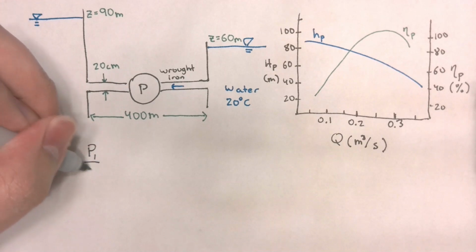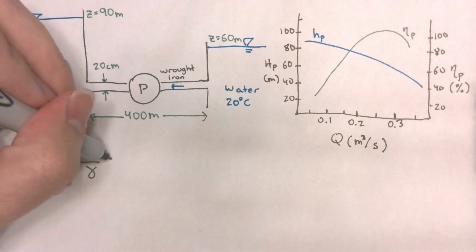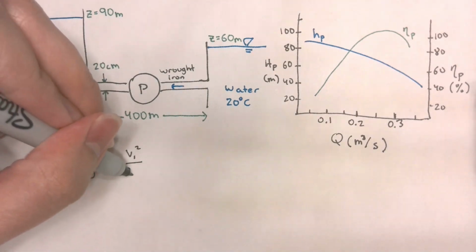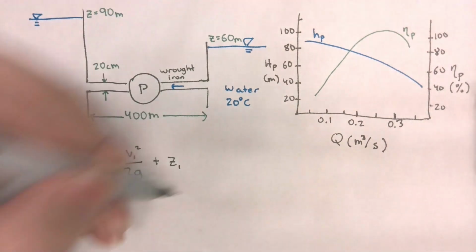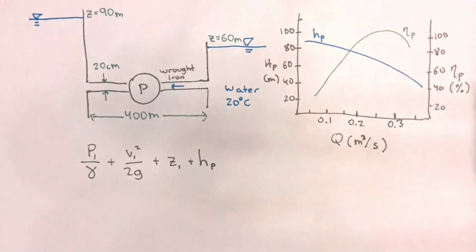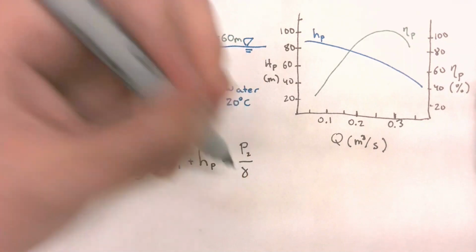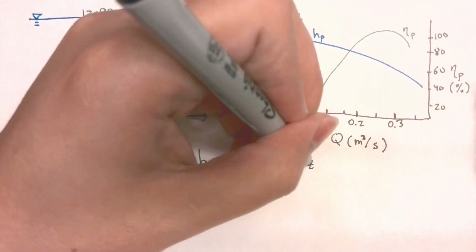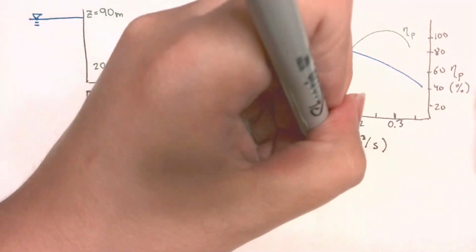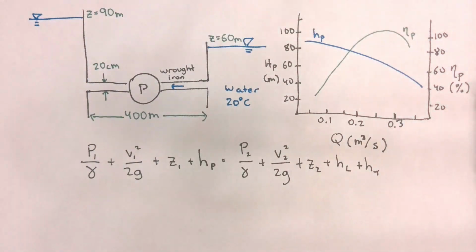The energy equation for steady uniform flow: we have the pressure term at the inlet control surface, the velocity term at the inlet control surface, the potential term at the inlet control surface, and the pump head equals all those energy terms at the outlet control surface, the turbine head, and the head losses, if any. Okay, so this is what we have.